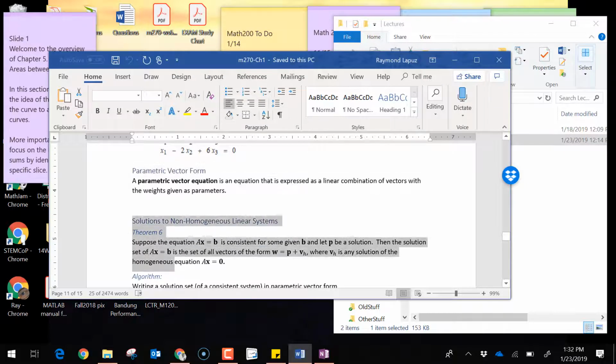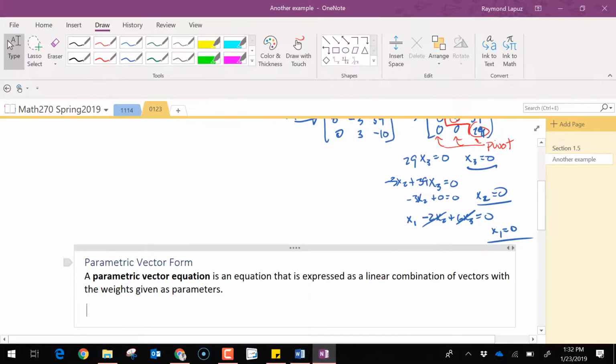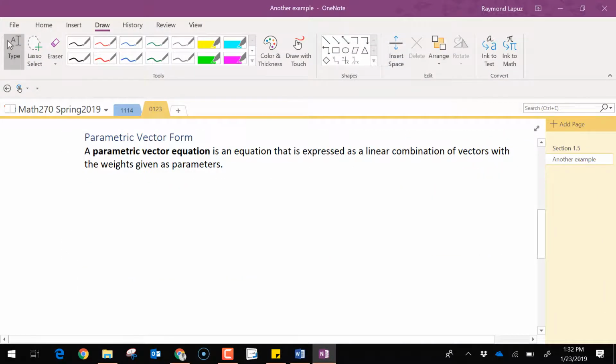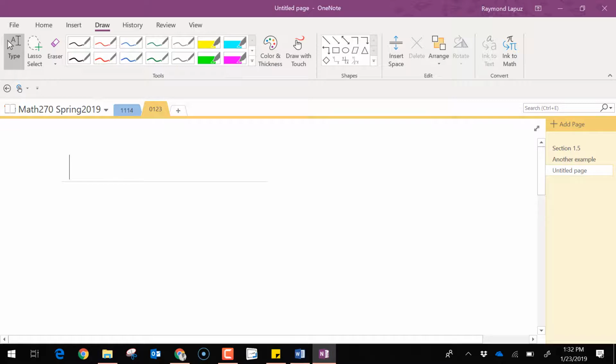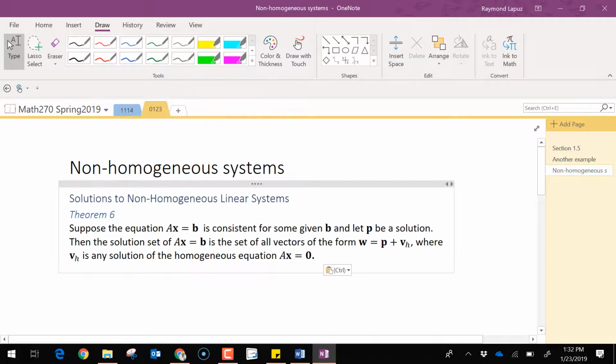Let's take a look at a non-homogeneous system.